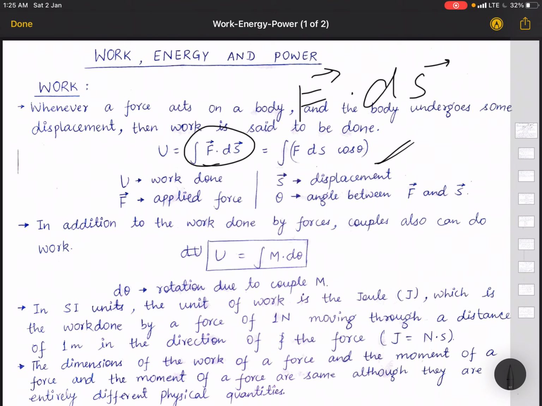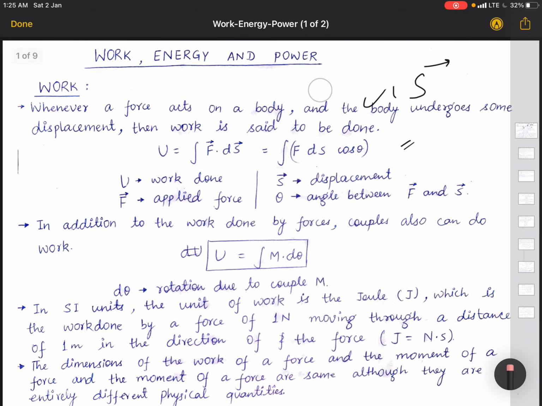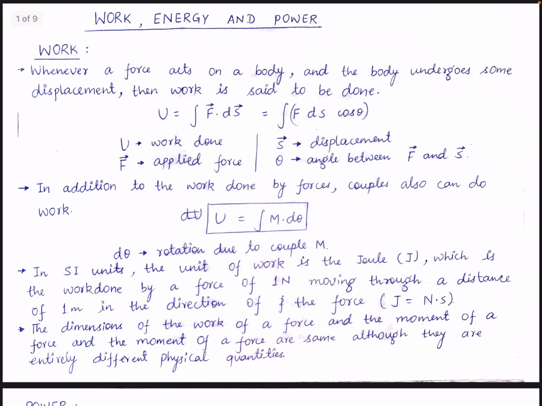This we have seen in the previous lecture: work is a scalar quantity because it is independent of the direction. So U is work done, F is the applied force, S is the displacement, and theta is the angle between S and F.